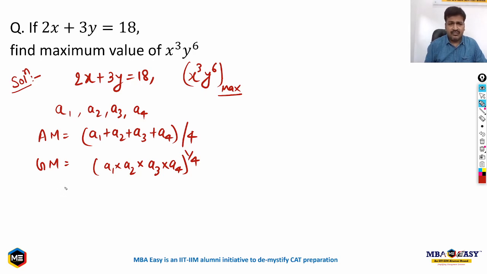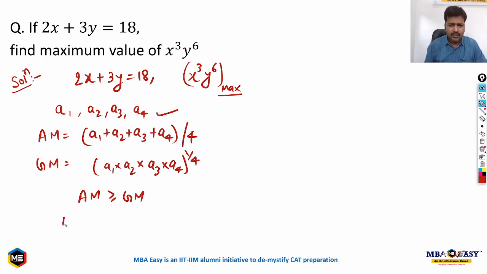Now, this inequality says that if you have some quantities, say A1 to A4, you will always have AM greater than or equal to GM. Means AM is either greater than GM, or at minimum AM will be equal to GM. So AM is greater than or equal to GM.